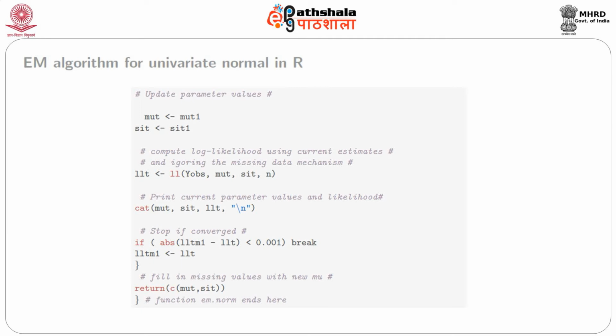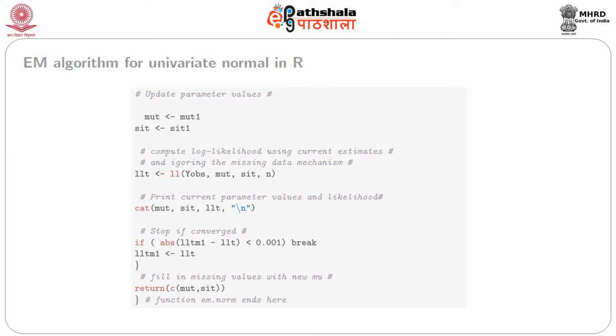This is kept under the repeat step. That means that creating the E step and the M step and then updating the parameter values goes on repeatedly until convergence. Then we have to add in some convergence values. So how do we add in the convergence values?